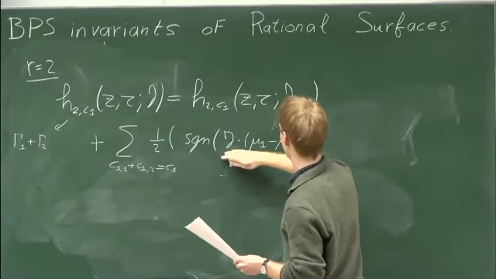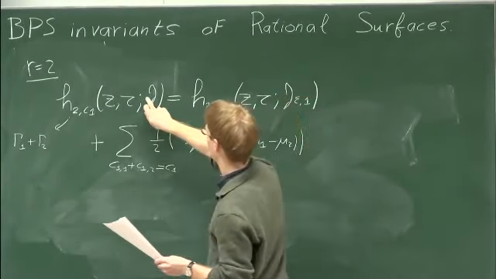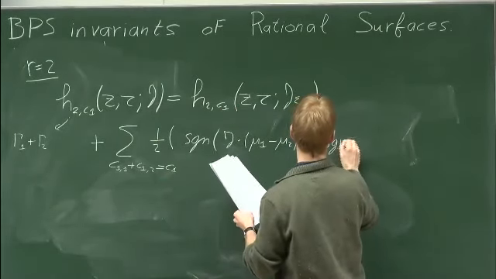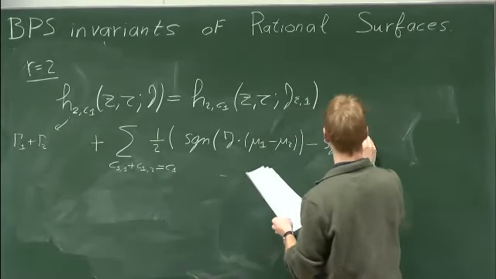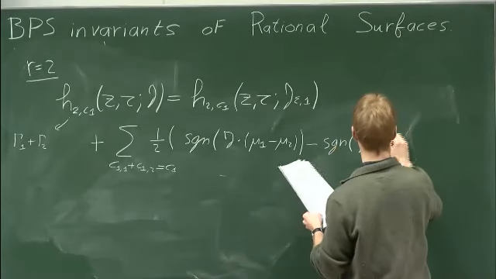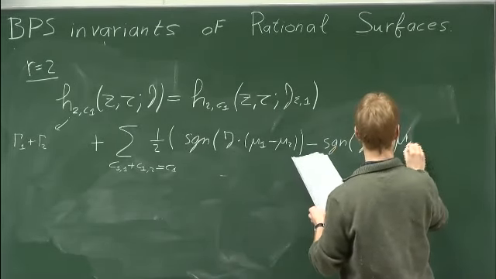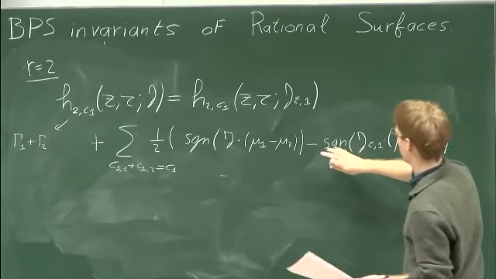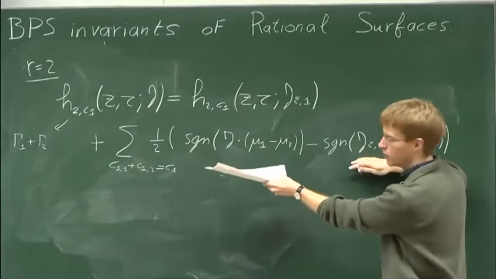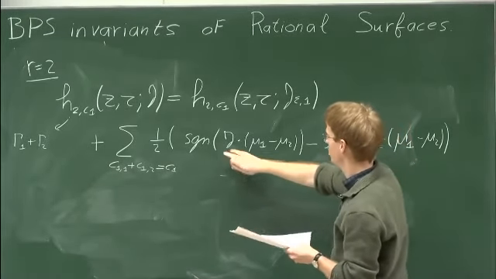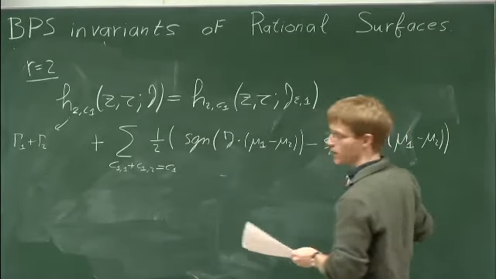This is the term J where we determine the generating function, and then we subtract all the terms from where we started. So this factor determines whether we cross the wall or not. If the sign of this one is the same as this one, then we did not cross a wall. And if the sign is different, then we did cross a wall.